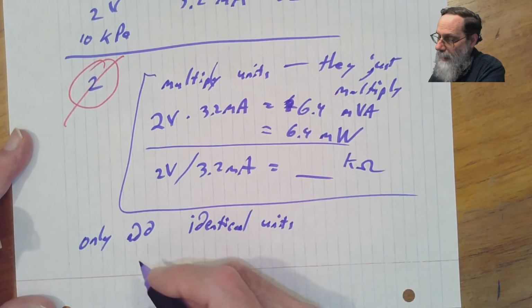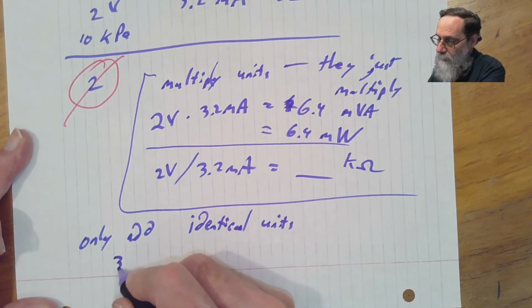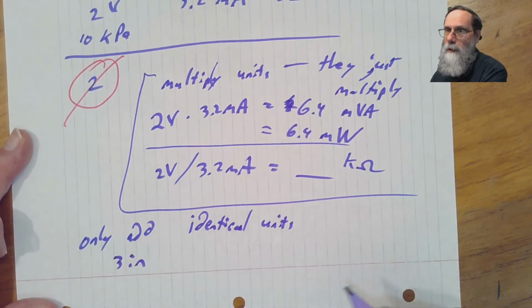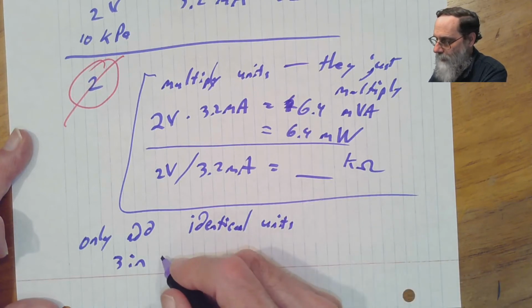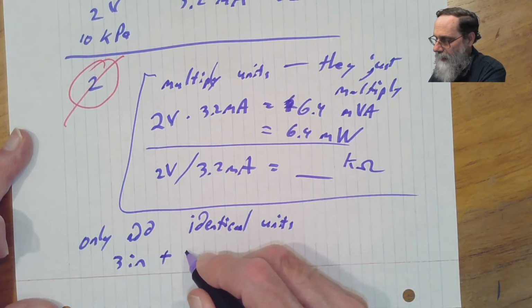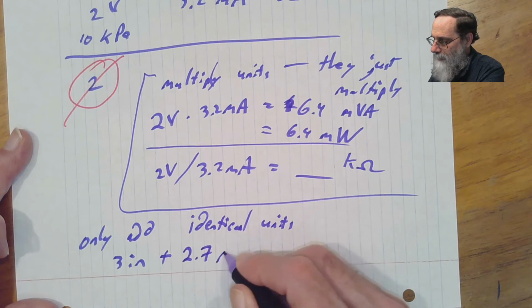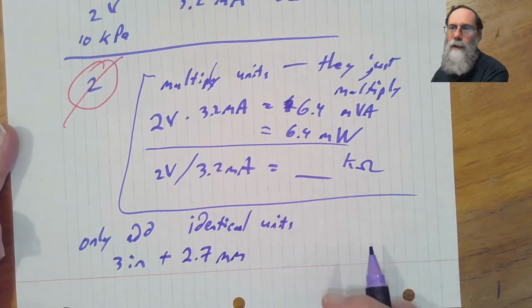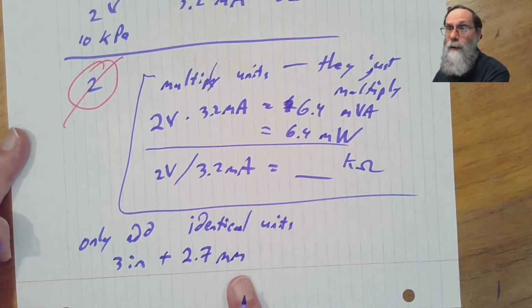So let's say I've got a 3-inch piece of metal or something, and I'm going to be adding a 2.7 millimeter coating or something on it. I can't do that addition.